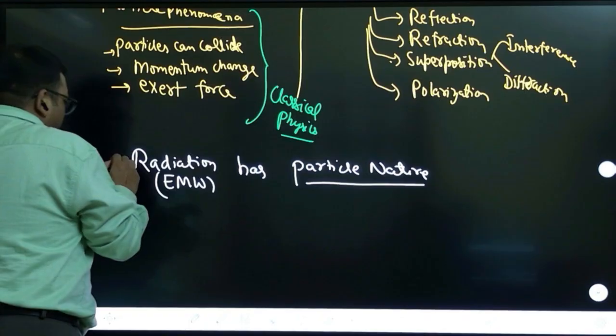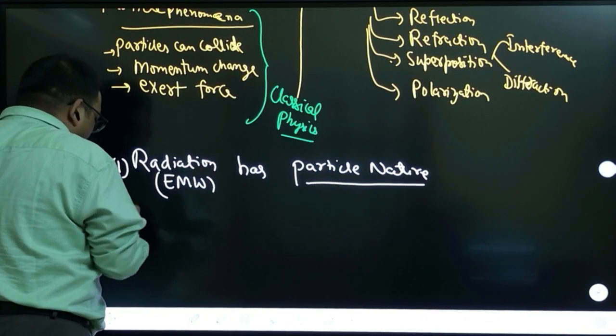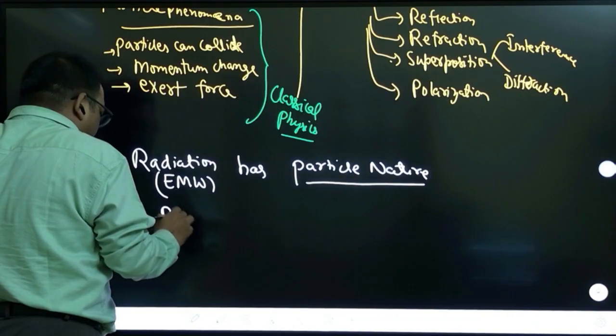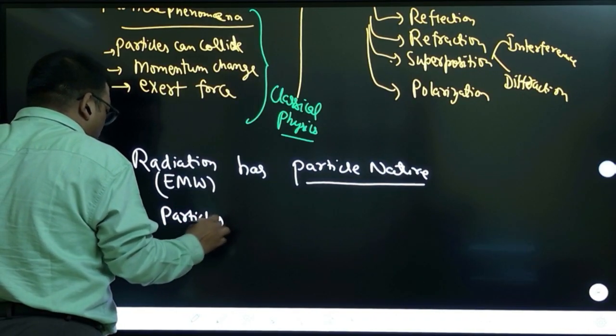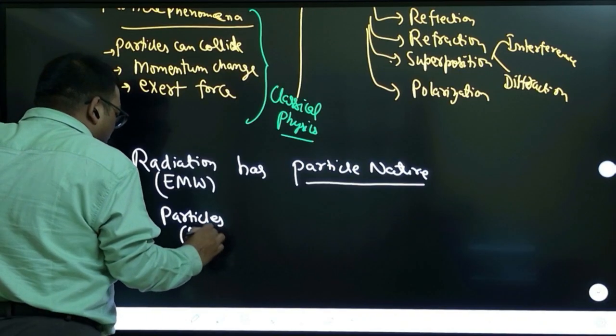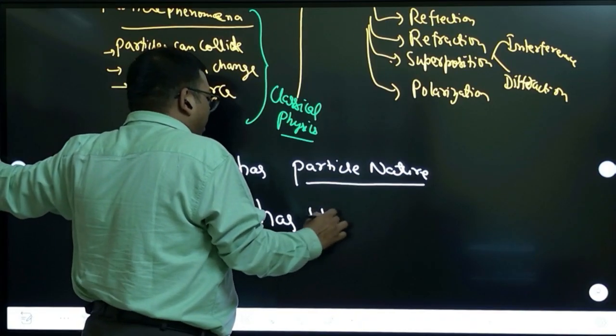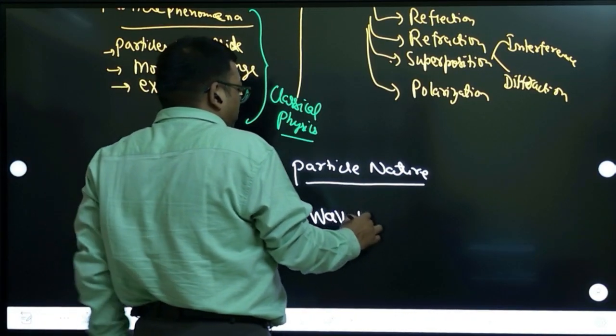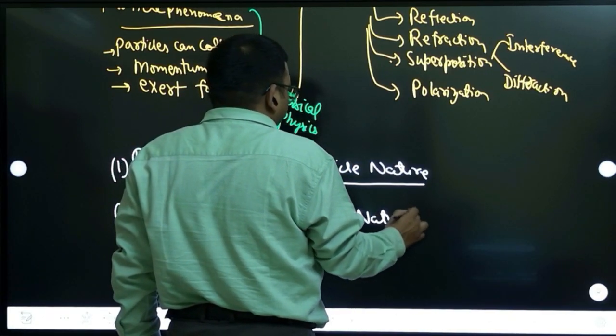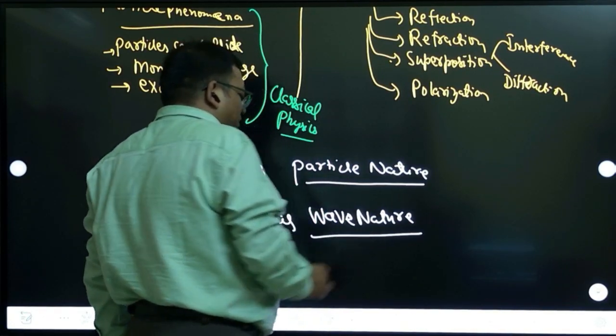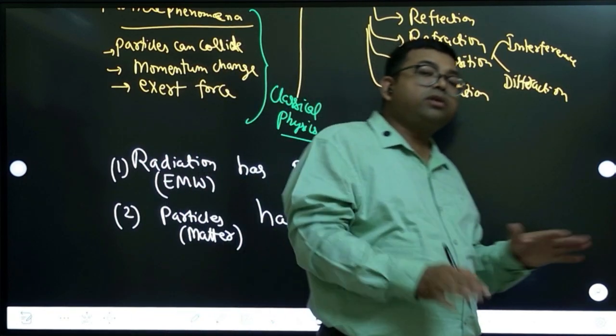Another idea we are talking about here is that particles mean objects or matter. Matter has wave nature. This wave nature is not the wave which we normally know; it is a totally different kind of wave.